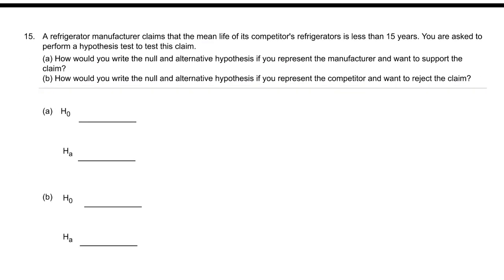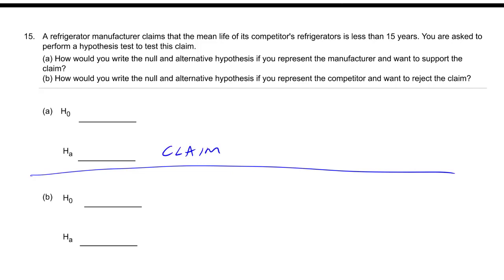A refrigerator manufacturer claims the mean life is less than 15. You want to perform a hypothesis test. In this first case, I want to support the claim. Supporting the claim means the claim has to be in the alternative, so mu less than 15 without the equals, and mu greater than or equal to 15 would be the null.